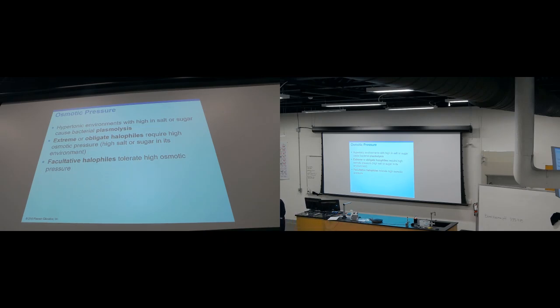And we will see later on how some bacteria like to live in these conditions. We have some bacteria that are called extreme or obligate halophiles because they require high salt content or high osmotic pressure. An obligate in microbiology means that it must have it.